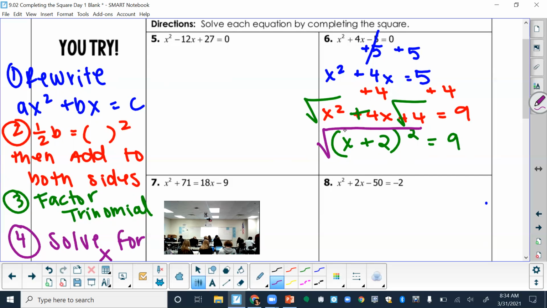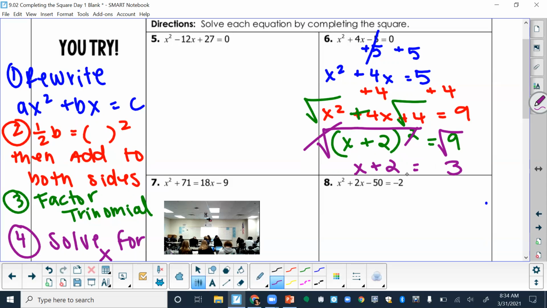Doing that basically cancels this out. So what do I have on the left side? Just x plus 2. Then to maintain this equality, like I said before, whatever we do to one side, we have to do to the other. So I'm also going to take the square root of 9.